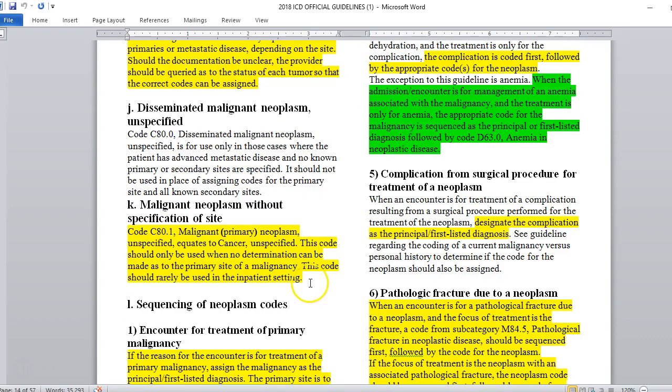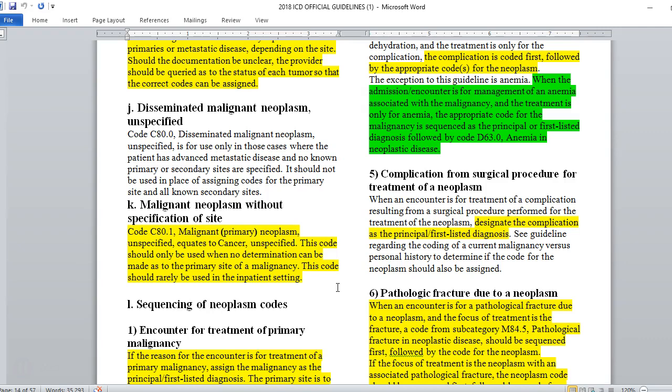Now, we also have this code C80.0, Disseminated Malignant Neoplasm, Unspecified. It is for use only in those cases where the patient has advanced metastatic disease and no known primary or secondary sites are specified. It should not be used in place of assigning codes for the primary site and all known secondary sites.